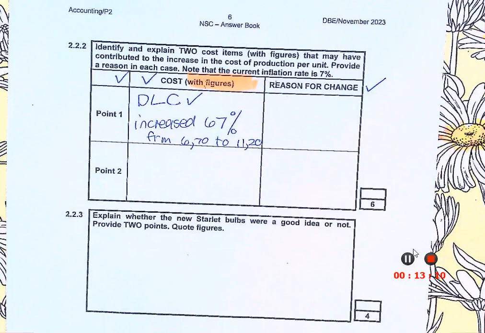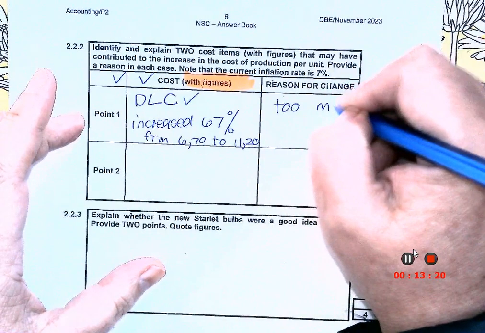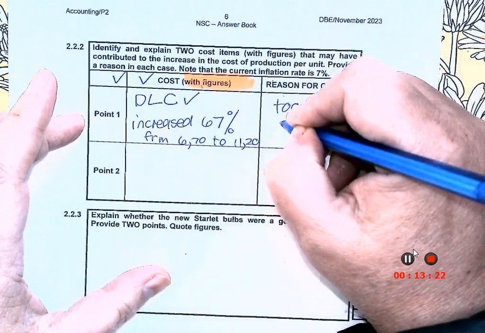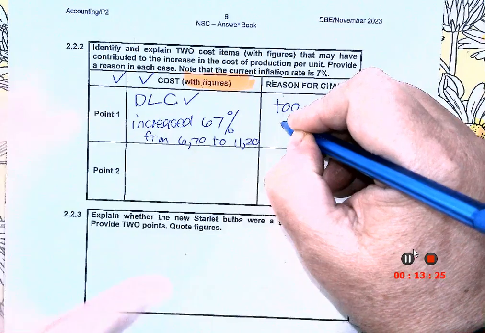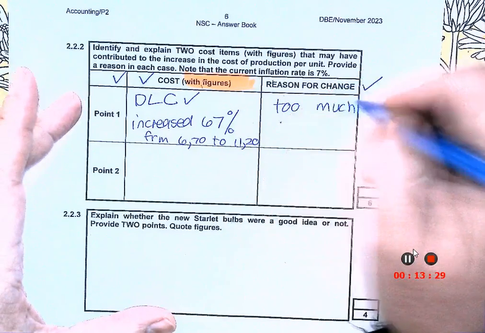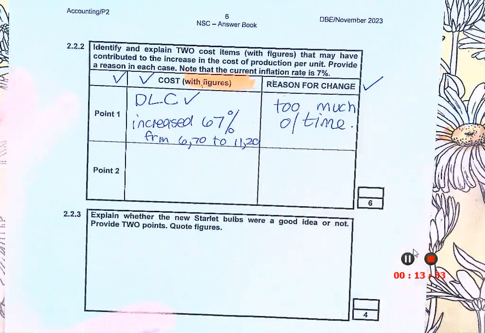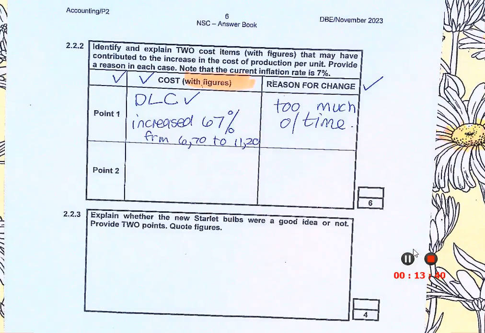What is the easiest thing to say with direct labor? Overtime. Too much overtime. Can you say ineffective workers? Why ineffective workers? That doesn't make sense. They take longer to work, so they have to redo things. Say that. You can't just say ineffective workers.